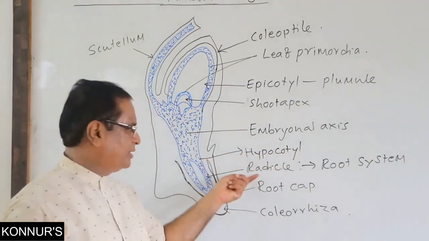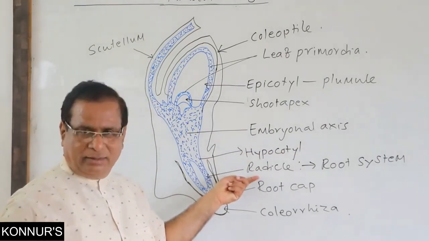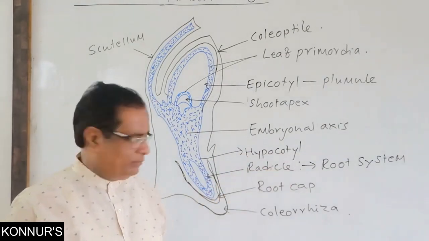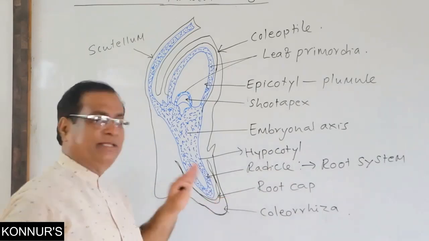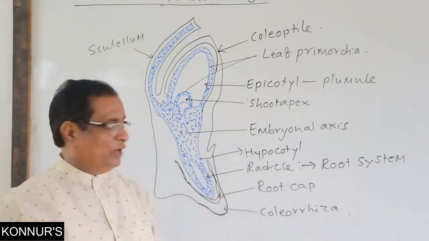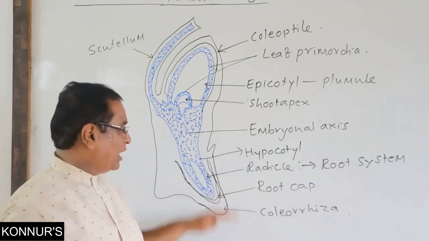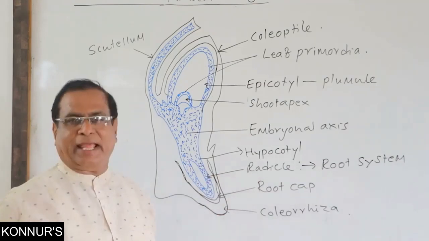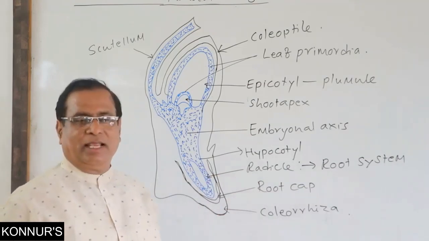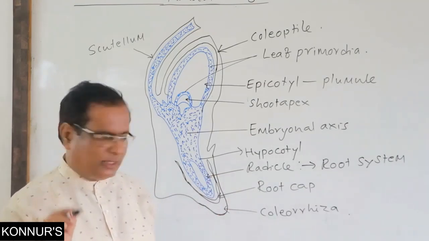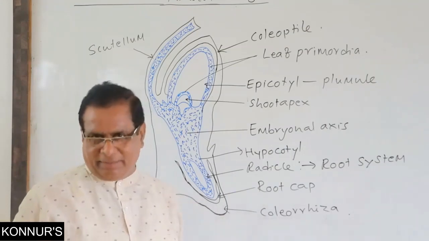Here we do get a radicle that gives rise to the root system and is provided with the root cap. And one more additional sheath around this radicle and root cap, that is an undifferentiated sheath named coleorhiza.